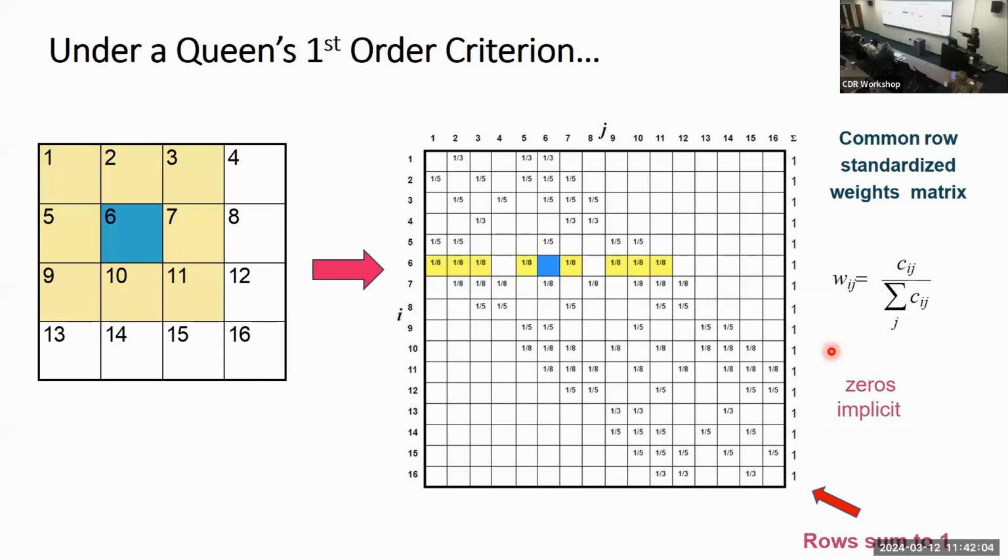We'll then place it into the common row-standardized weights matrix. We have 8 neighbors for neighborhood 6, so these all get a weight of 1/8. They all sum up to 1, so the rows sum up to 1, nice and clean, right? We did this for all the neighborhoods, and we end up with a matrix that looks like this.